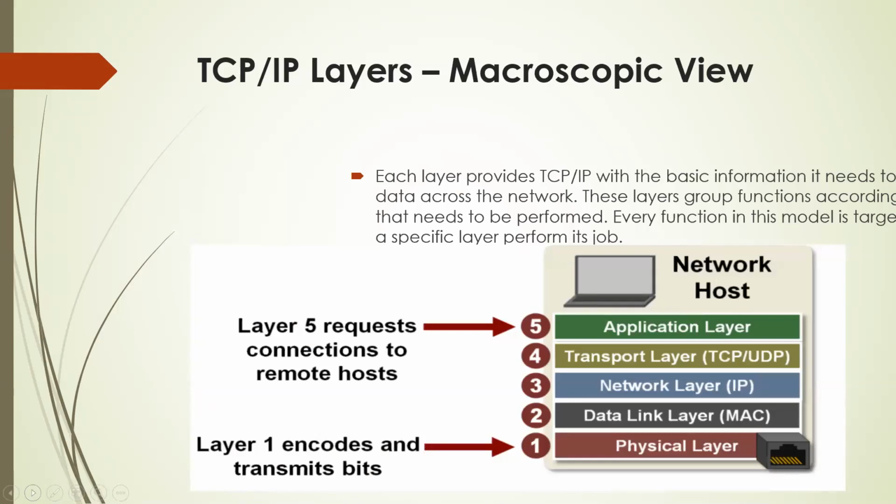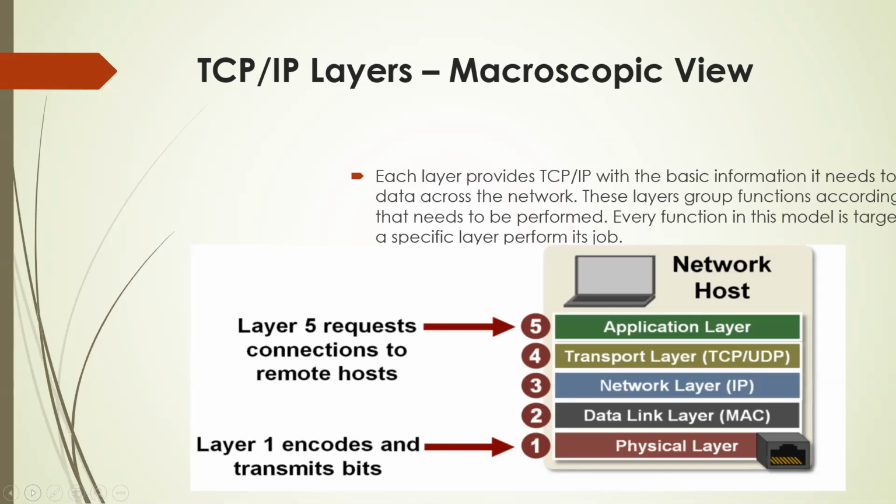So this is the macroscopic view of each layer. Each layer provides TCP/IP with basic information it needs to send data across the network. These layers group the functions that need to be performed. Every function in this model is based on a specific layer platform, and a specific layer has its job.